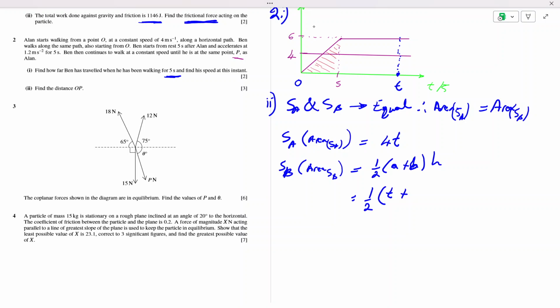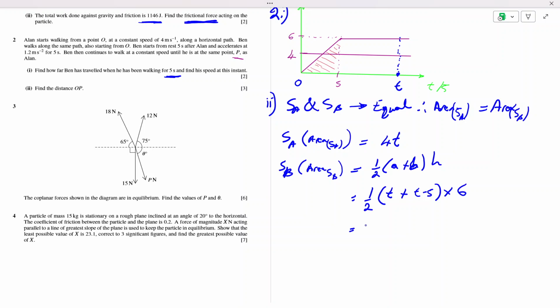So I'm going to write T minus 5, and then bracket multiplied by the height, which is 6 meters.